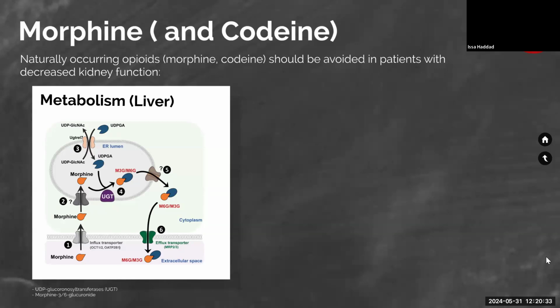When morphine goes into the cytoplasm of the liver, mainly where it gets metabolized, there is this UDP glucuronosyltransferase enzyme, which metabolizes the prodrug morphine into many metabolites, but the two most common are M3G and M6G, morphine-3 and morphine-6 glucuronide. And this is where the game is, because the M6G is actually coming out.